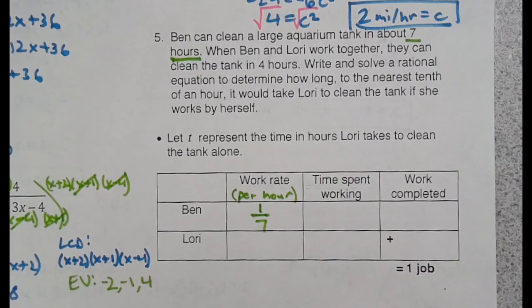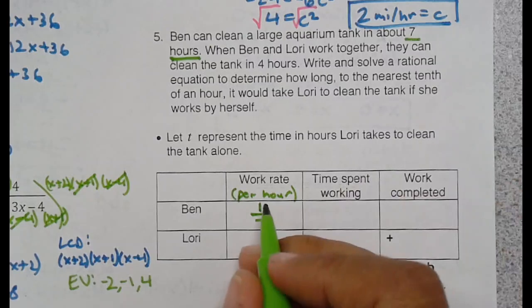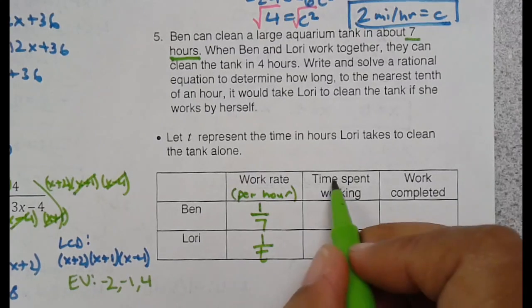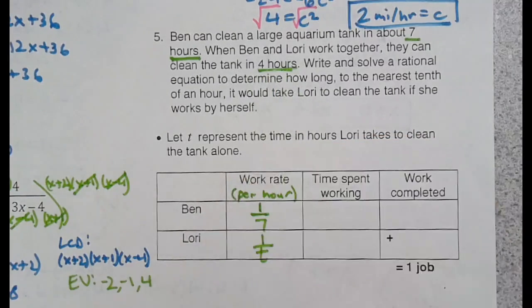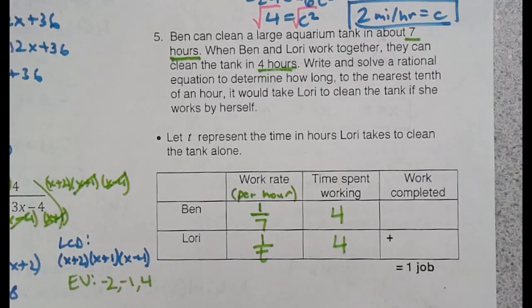All right, time for Lori. Well, Lori, we don't know how long it takes, so it's going to be one job in I don't know how many hours, per hour. Now, they're both going to work together, and they can actually complete the job in 4 hours. So 4 and 4 is the amount of time that each one is going to be spent working.